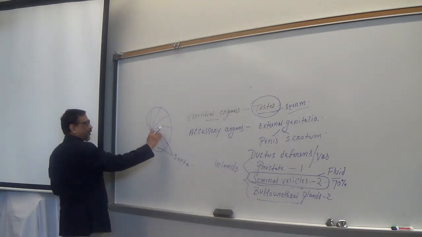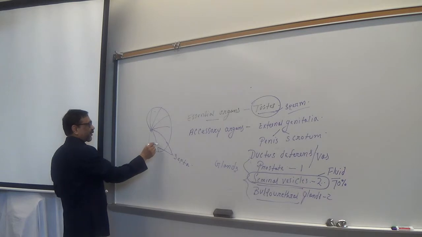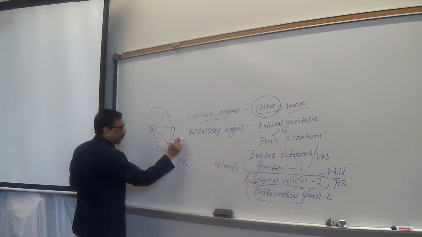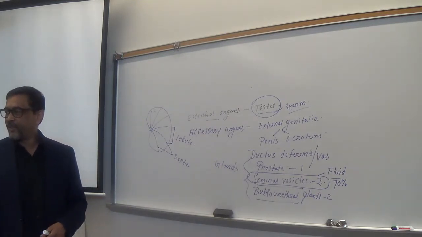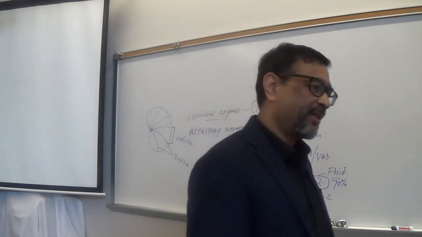So septa separate the testis, inside the testis, into many lobules. So this is one lobule, this is another lobule. So many lobules. About 250 to 300 lobules are in each testis. Okay?